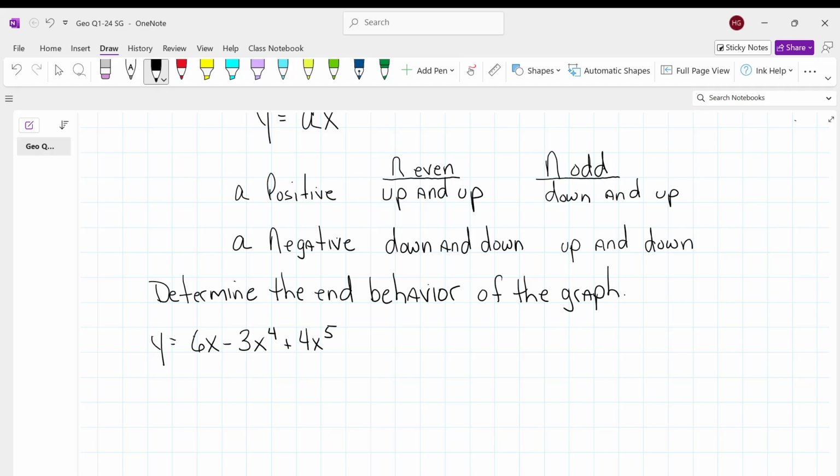The leading coefficient would be the term with the highest degree or power. So here is our leading coefficient if we wrote it in standard form. Our a is positive and our n is odd. So when a is positive and n is odd, we got down and up. So our end behavior would be down and up.